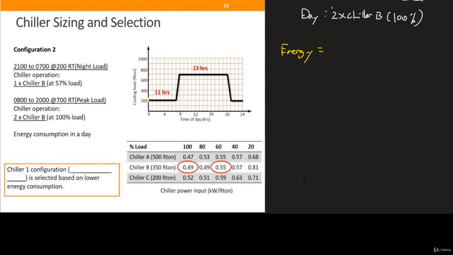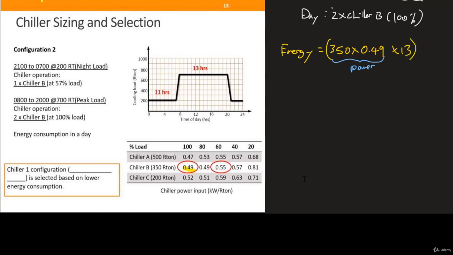The daytime you are running 2 times 350 ton chiller at 100%. Similarly, you can use 350 multiplied by 0.49. Load times efficiency gives you the power, multiply by the run hour, which is 13. And this is for one chiller B.